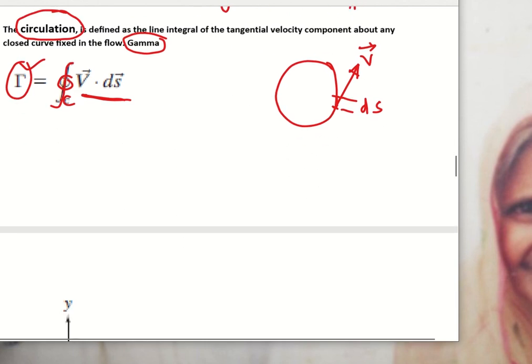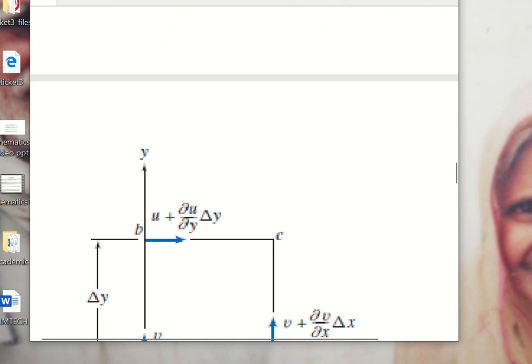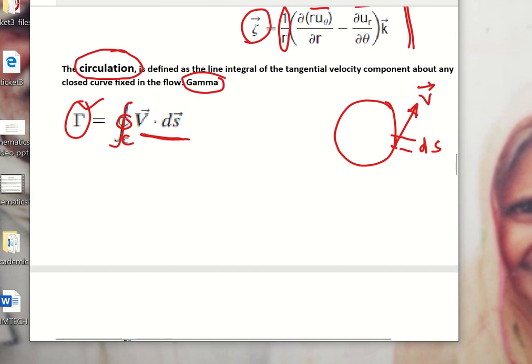Now this circulation can be calculated for different types of numericals, and we will relate this circulation to vorticity and rotation and its usefulness.